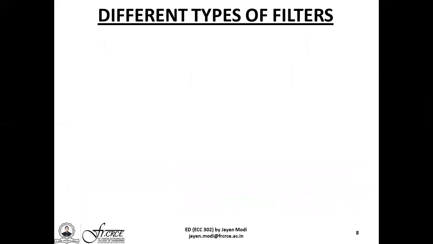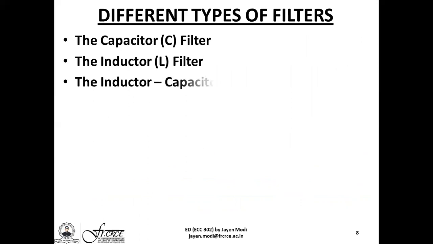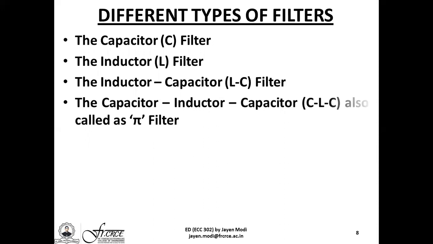The syllabus has different types of filters, such as the capacitor, also called the C-type filter, the inductor, also called the L-type filter, the inductor capacitor filter, also called the LC filter, which is basically a combination of the C filter as well as the L filter. And finally, we have the capacitor inductor capacitor, that is the CLC filter, also called the pi filter.